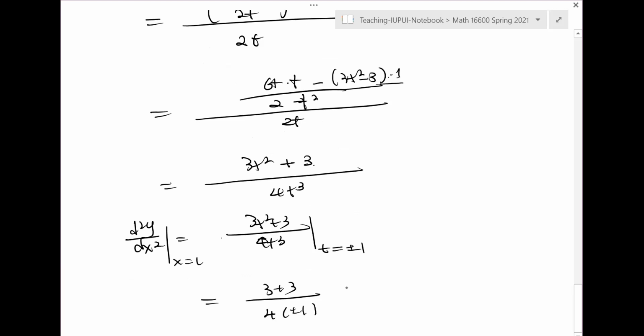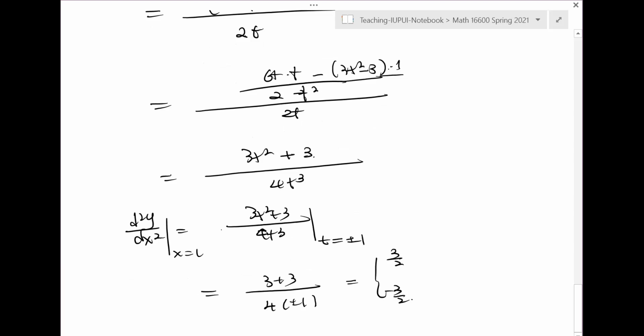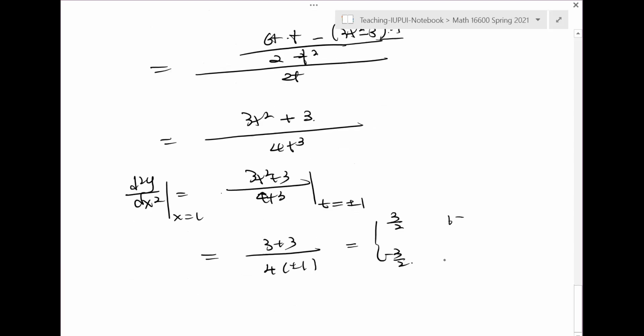So you have two solutions: one is 3 over 2, the other one is negative 3 over 2. Okay, that's the second derivative. So when t equals 1, and when t equals negative 1, because there are two different points there.